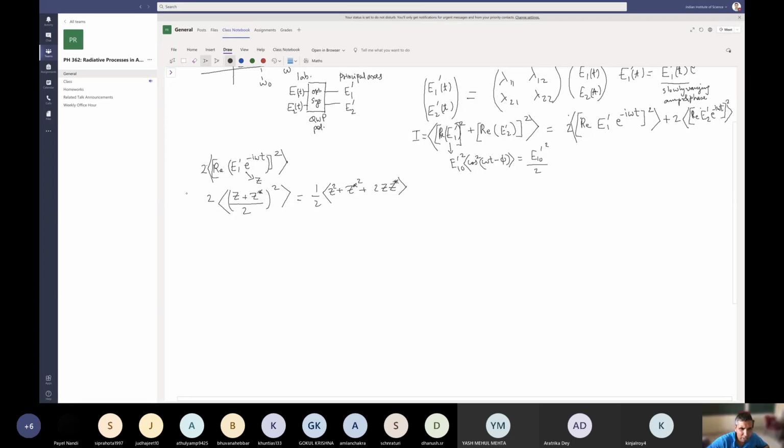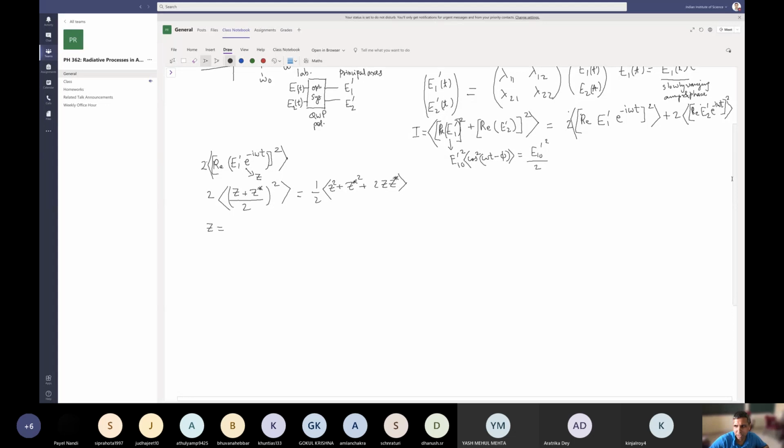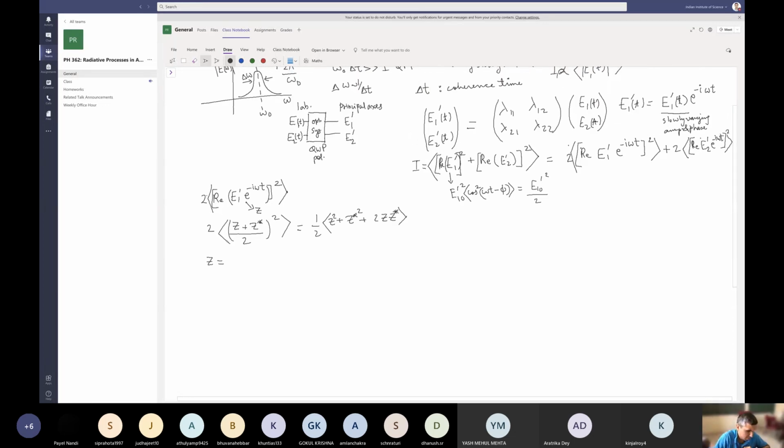Recall that z is nothing but this whole complex number. So z is equal to lambda 11 e1 plus lambda 12 e2, and in general lambda and e are both complex, and there is an e to the minus i omega t. So this is my z.